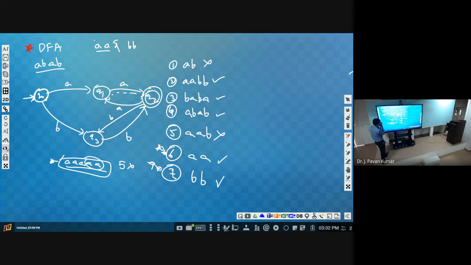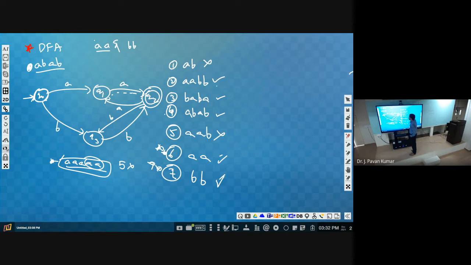Why? Because we haven't considered that. Next, any other? This should be accepted. How we can incorporate that we will see. Next, BA also will not be accepted now, but we have to make it workable. Next, AA will be accepted, BB will be accepted, AABB will not be accepted.